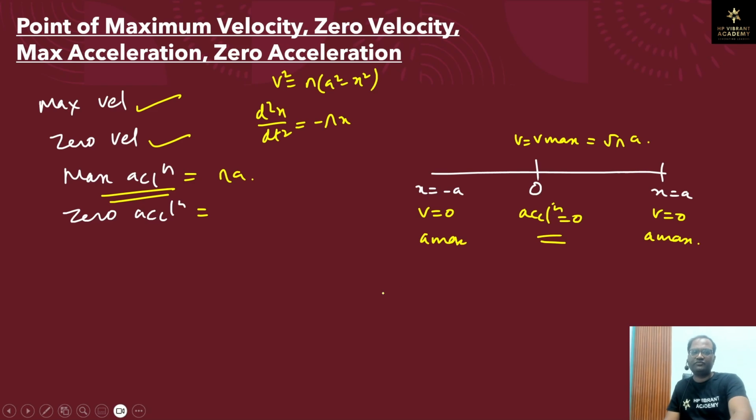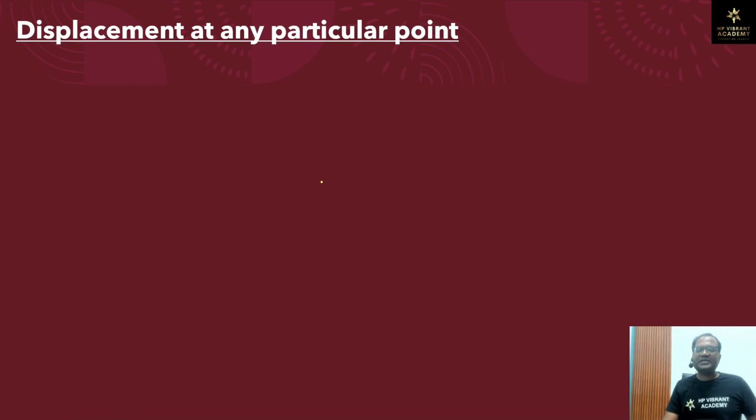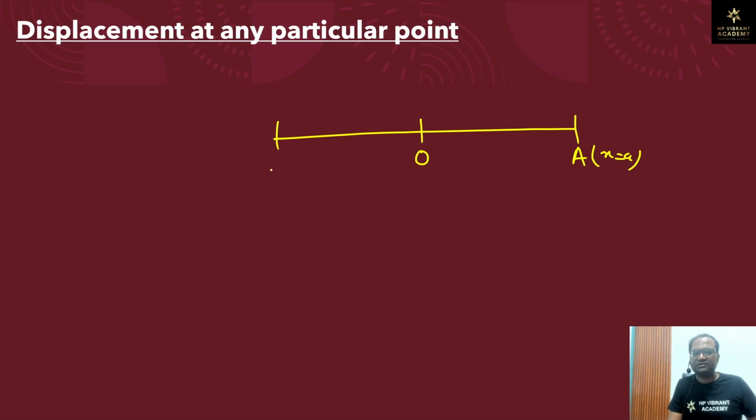Okay, so let us move further. Displacement at any particular point. So we have the motion like this. This is the center of force, this is x is equal to a, and this is the extremity. And this is a dash, x is equal to minus a. We have to find the displacement at any particular point.